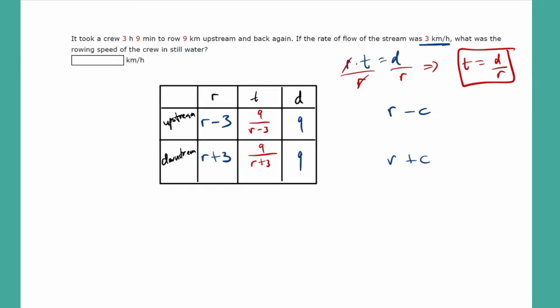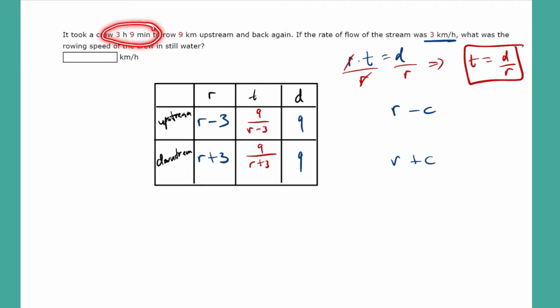And now we know that the total time was 3 hours and 9 minutes, but we need to convert that to hours. So 9 minutes in hours would be 9 out of 60. So that's going to be 3 hours and 9/60ths of an hour. So I converted the minutes into hours by dividing by 60.